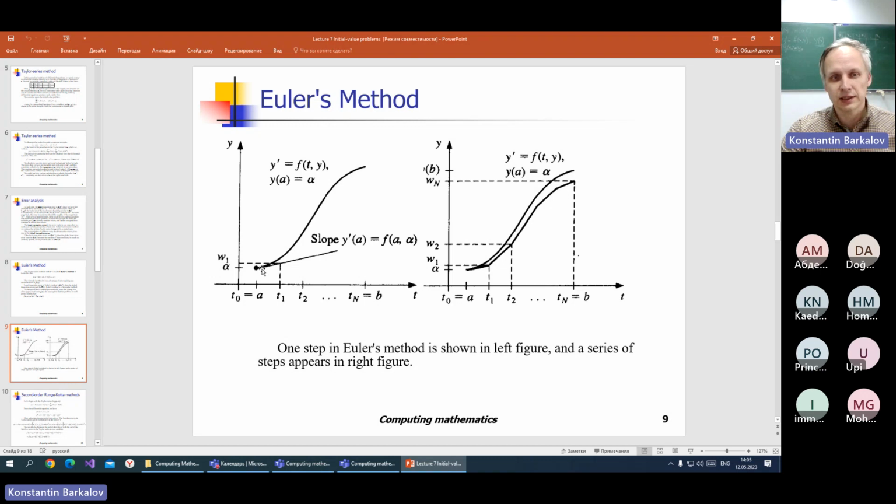This is the geometrical interpretation of the Euler's method. Suppose that this is the initial point A that equals x0, or in this example, it is denoted as t0. This is the curve of a known function y of t that passes through this point.